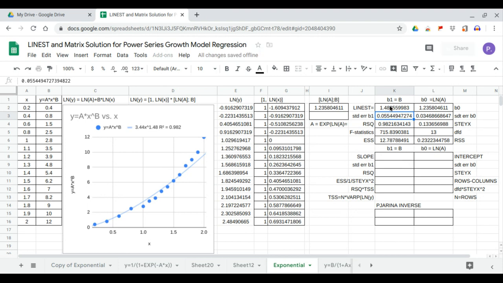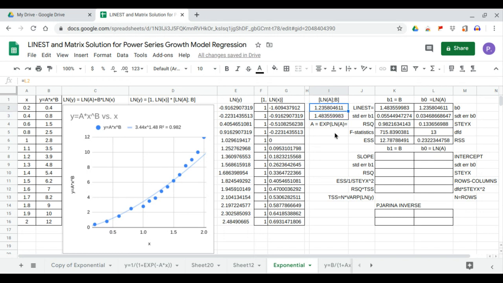Here we have the 10 outputs of the LINEST function. We will calculate each output, and you'll notice our B0 is ln a, and our B1 is b. Our B0 is ln a.